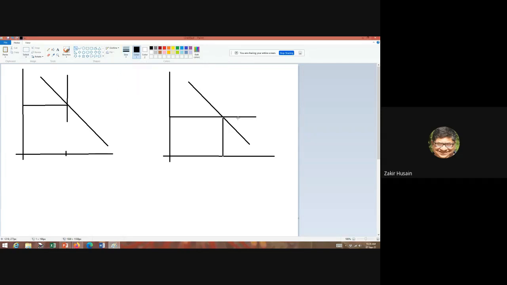Do you know how to make it dotted? How to make these lines dotted? Sir, using the eraser and rubbing out a few points. Oh God, not that. So I think if you right click on the line, maybe it shows options. I think it does.